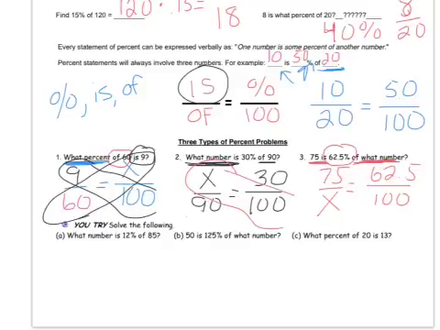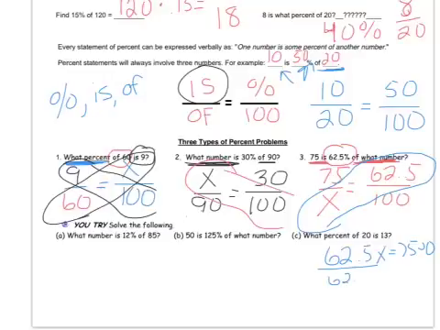Okay, so now I'm going to set up my proportion. Okay, so I'm going to write it down here. 62.5x equals 75 times 100 is 7,500. Okay, then I'm going to divide each side by 62.5.